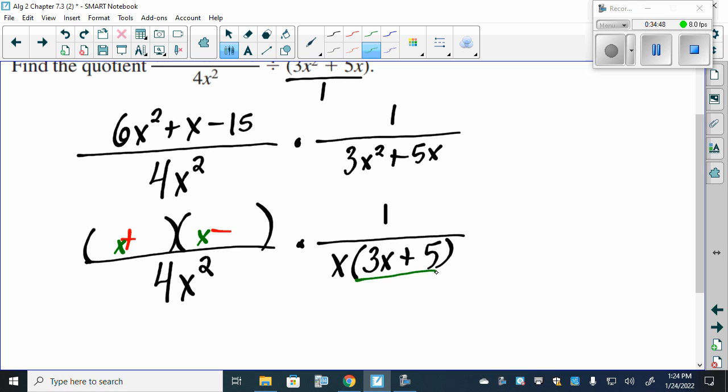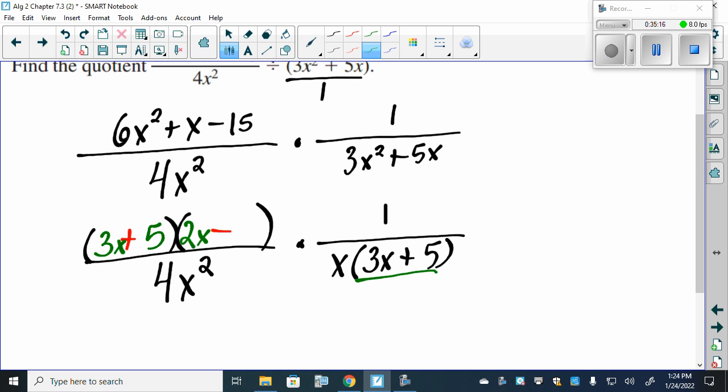3x plus 5, yes? So if we want something to cancel, we need it to have a 3x plus a 5. So over here, if this is going to work, I can put the 3x with the plus and the 2 with the minus to hopefully get something to match up. Now the factors of 15, the ones that are nice would be 3 and 5.